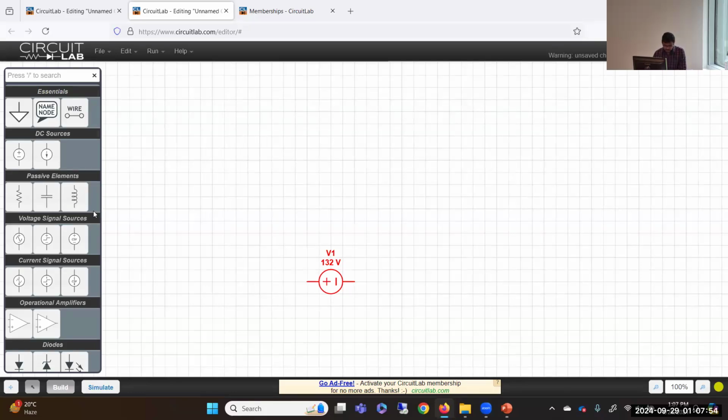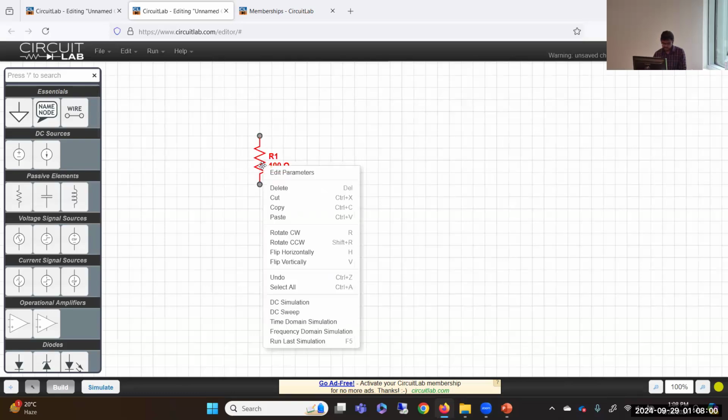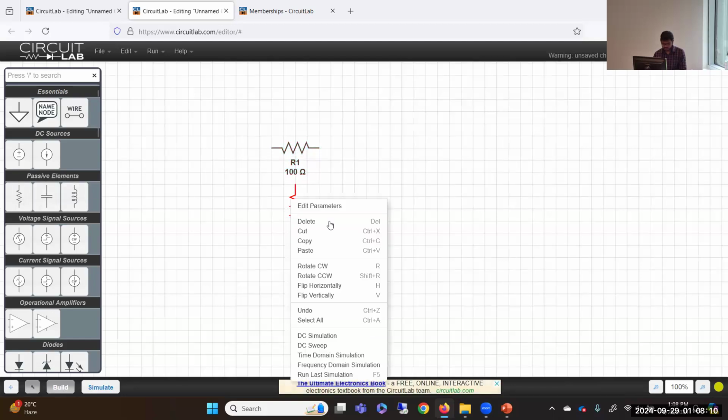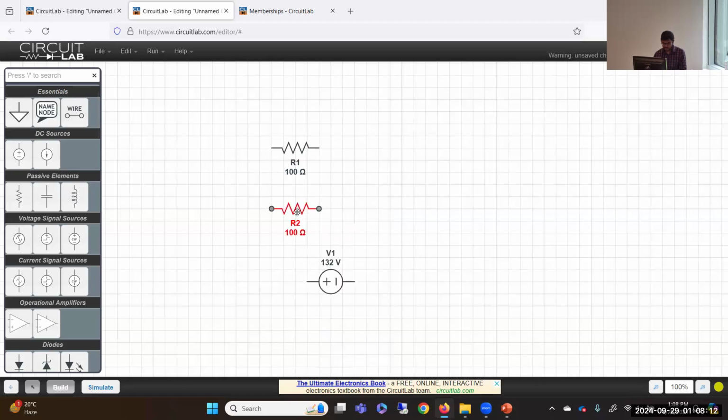Okay. Then we need 2 resistors to make the parallel connections, and we need to rotate those as well. So rotate clockwise. Here we need another one. Let's rotate it clockwise. Put it here. We need 3 more.